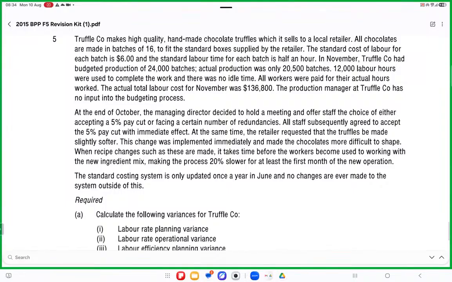I expect you to try this, and post your answers, whether they are right or wrong, in the WhatsApp. Please don't take this for granted. Do it: labor rate planning variance, labor rate operational, labor efficiency planning, labor efficiency operational.